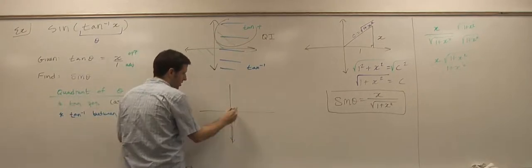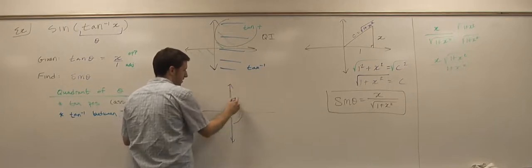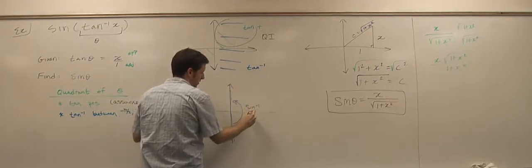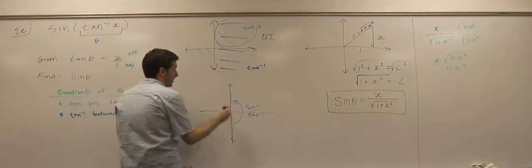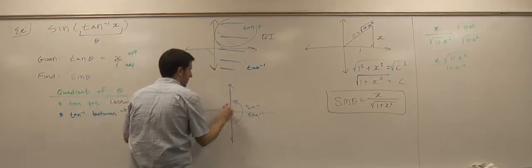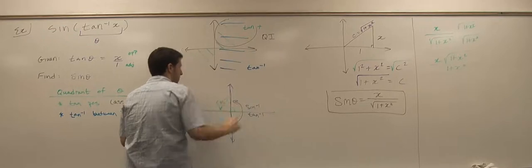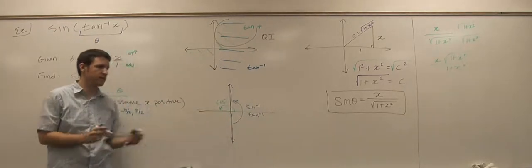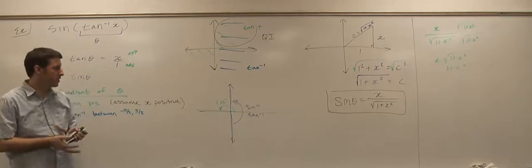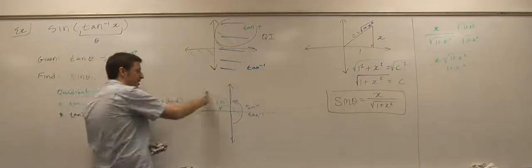Sine and tangent inverse stay here, and cosine inverse stays here. So if you have a problem with an inverse function in it like this, you're never going to get into the third quadrant. But you can land in any other one.